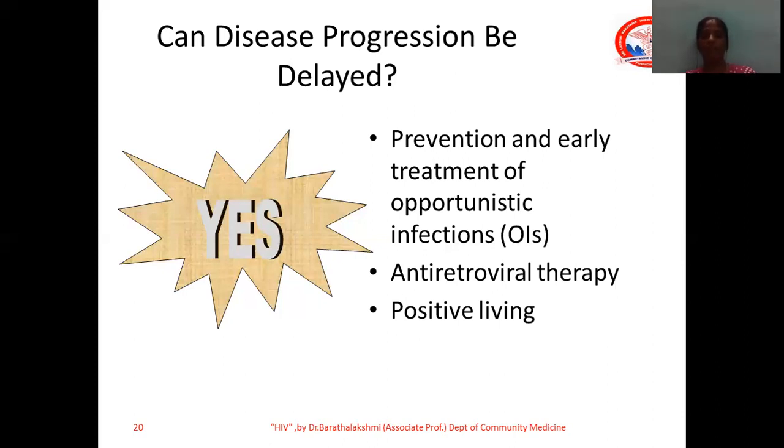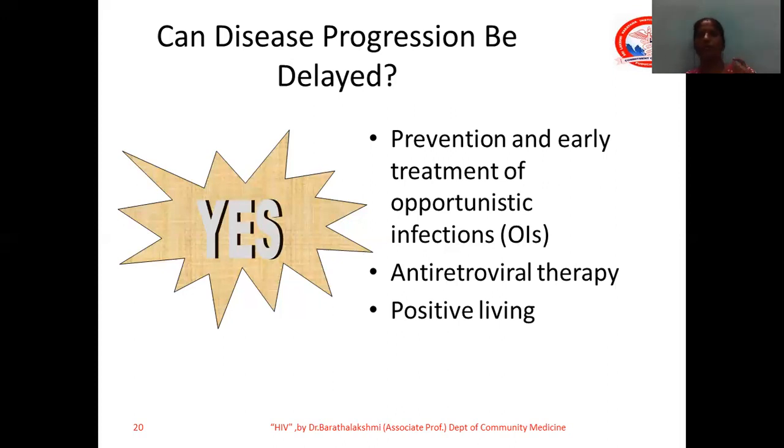We can use them in combinations in order to maintain the CD4 count and to decrease viral replication. These are the 2 modes by which we delay the progression of the disease.